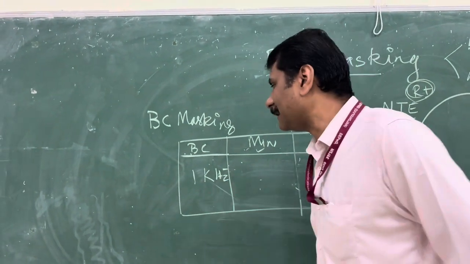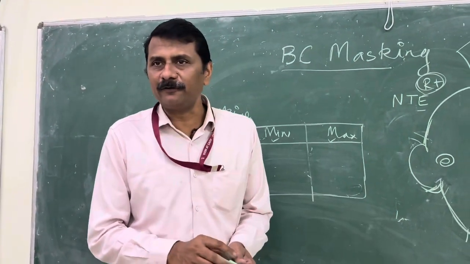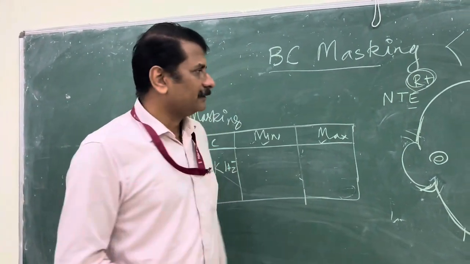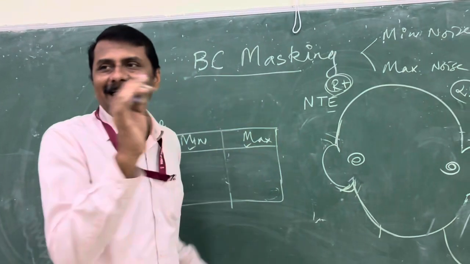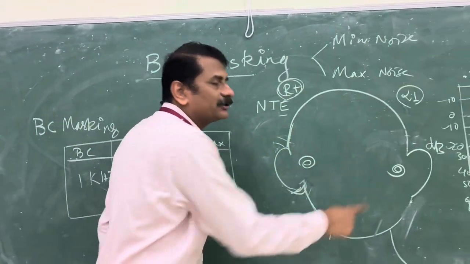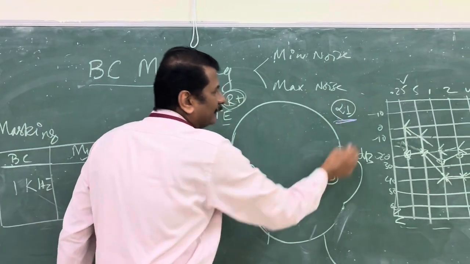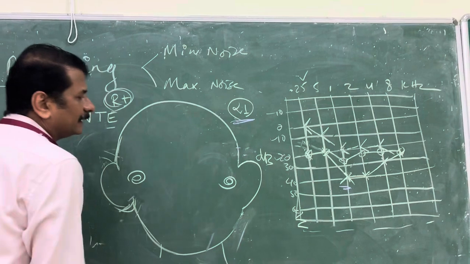So now let's take the example. We have to find out the minimum and the maximum amount of noise required. So you do the BC test setup. In the BC test setup, which ear's BC is to be found now? Left ear, because left is the poorer ear.